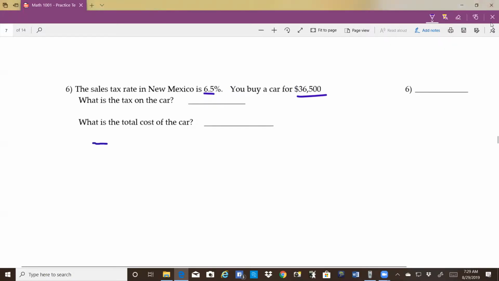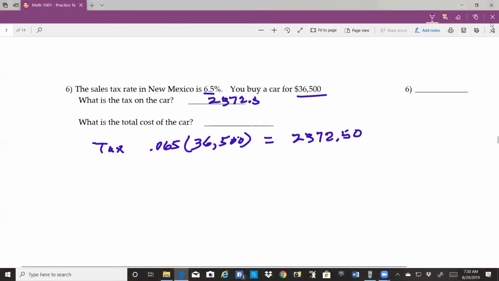Well, the tax is going to be 0.065 times 36,500, which is equal to $2,372.50. So it's going to be $2,372.50.